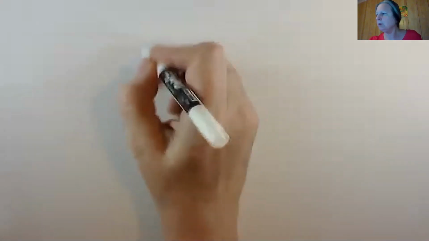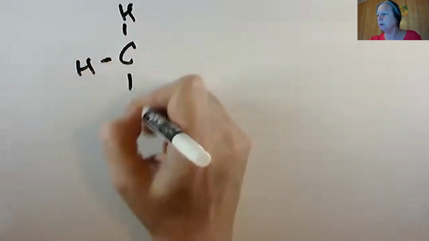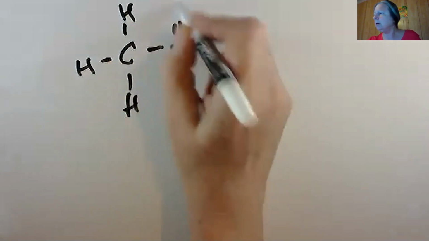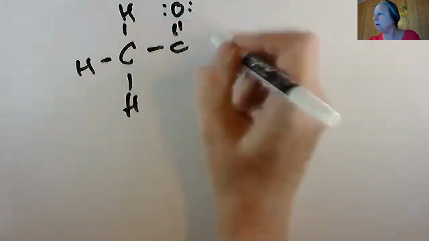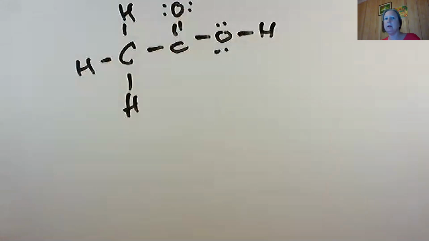Let's do another one. Okay, so again, I'm just going to draw the structure. So CH, H, H. So we have carbon 1, carbon 2, and oxygen.